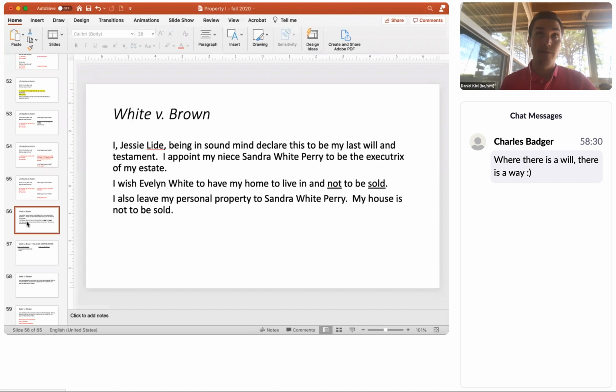Yeah. So you're right. And their argument ultimately is that this is going to pass to them through intestate succession. So I've pulled back up the will. Do you think that this will meant to capture everything that Jesse Lyde owned?